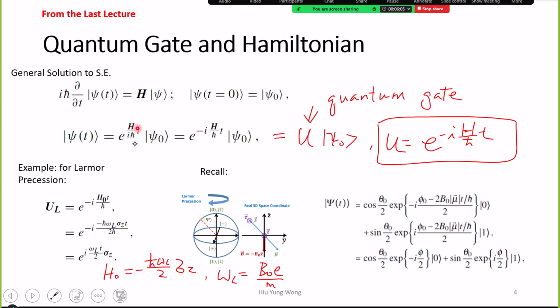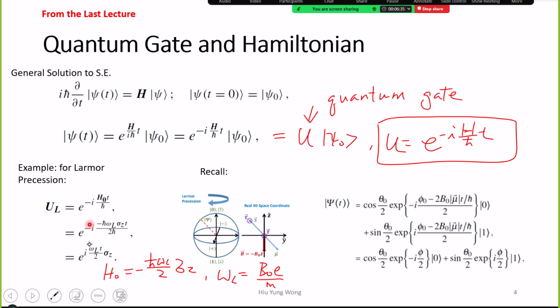Although this is complicated, after all it is just a matrix, and this matrix will be the quantum gate. So no matter what we are doing, our goal is to find a Hamiltonian, which is the energy landscape, such that e to the power of the Hamiltonian divided by i h bar times t gives the desired quantum gate that we want.